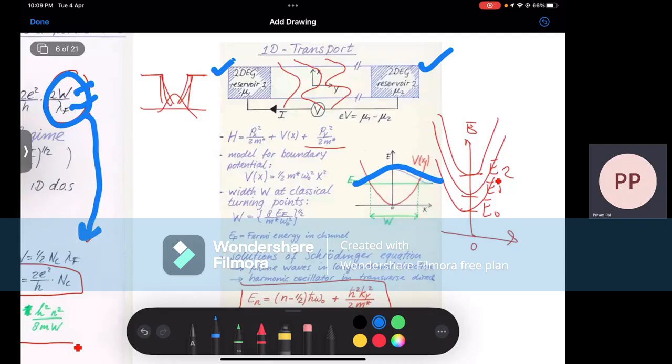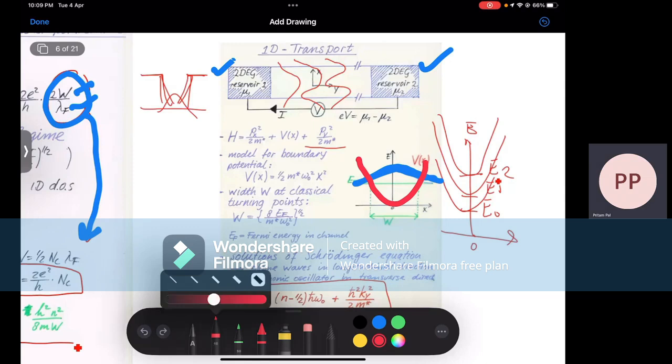This is shown in red on the transparency, and then in blue I showed one of the eigenstates. Sorry, this is the wave function. Sorry, this is a potential barrier. It's parabolic. Yes, this is V(x).